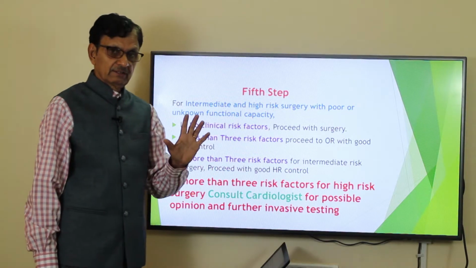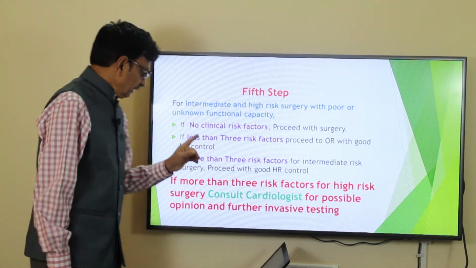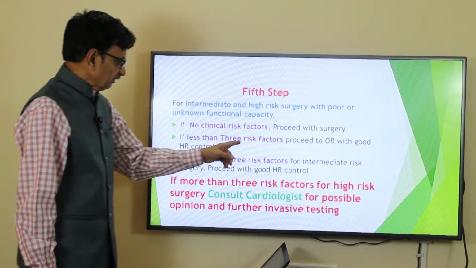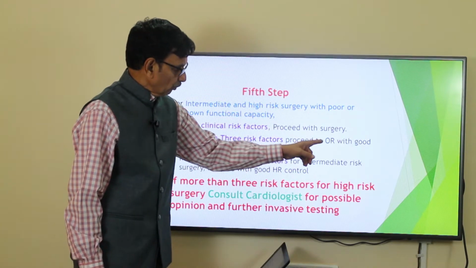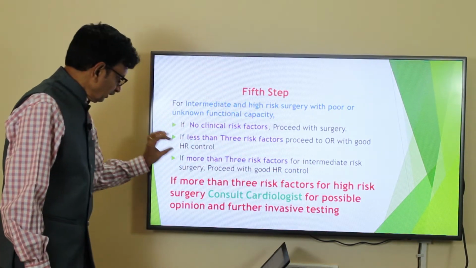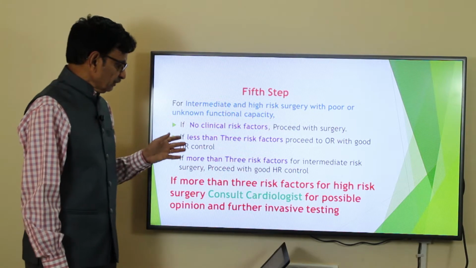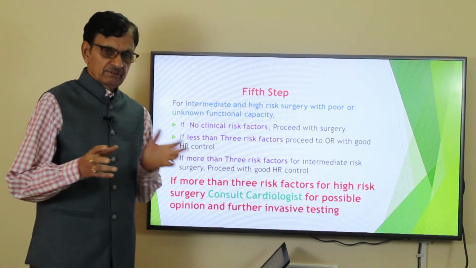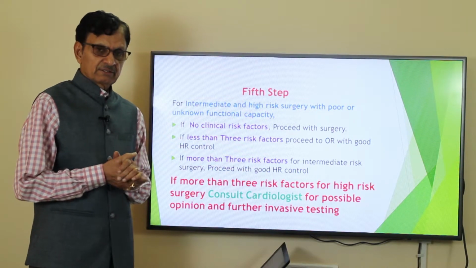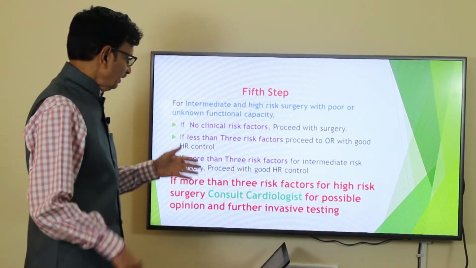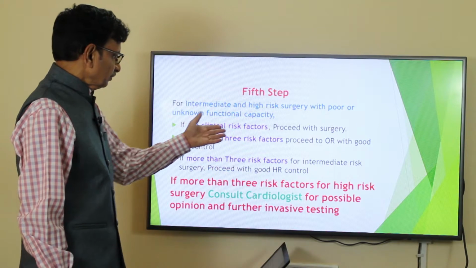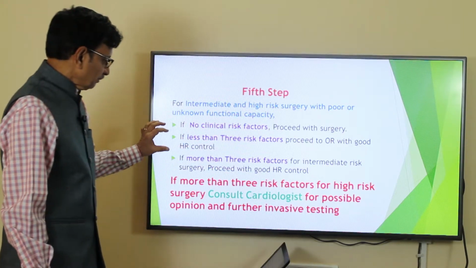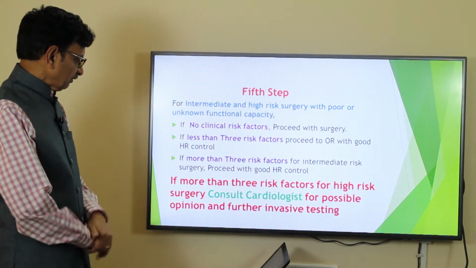There are 5 clinical risk factors we talked about. If there are less than 3 risk factors, you can proceed to OR with good heart rate control, which means if the patient is on beta blockers and the heart rate is within limits, not more than 100, 110, then you can take them to surgery with the appropriate medications to control their heart rates.